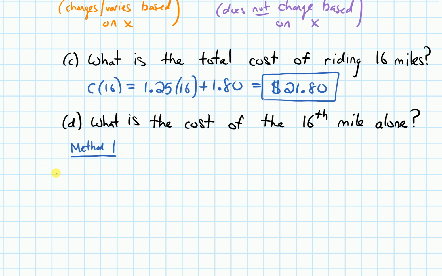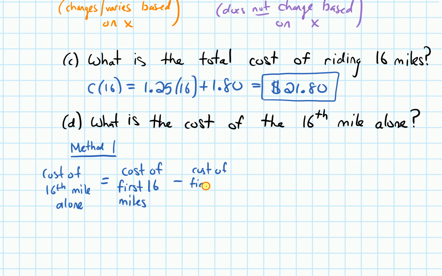So method one. If I want the cost of the 16th mile alone, on its own, just mile 16, one way I could do this is I could take the total cost of the first 16 miles, and I know that's 21.80, and subtract the cost of the first 15 miles.